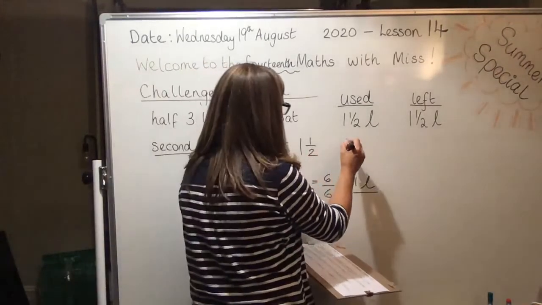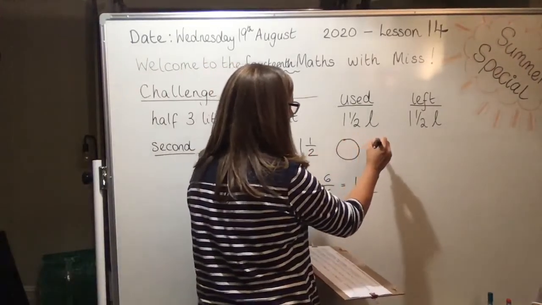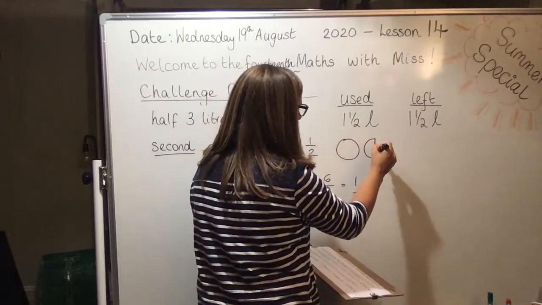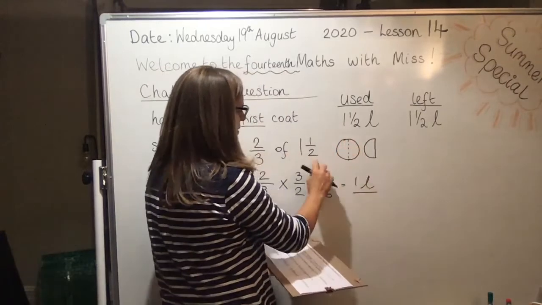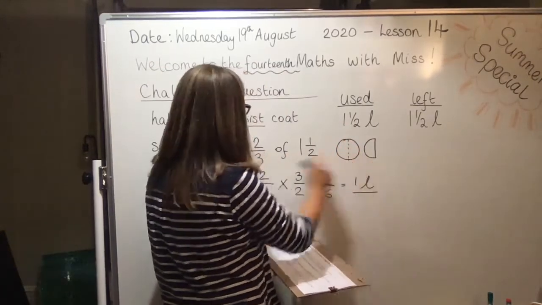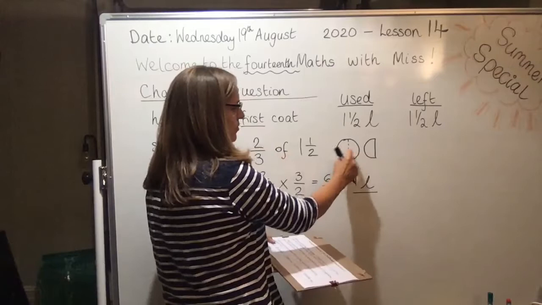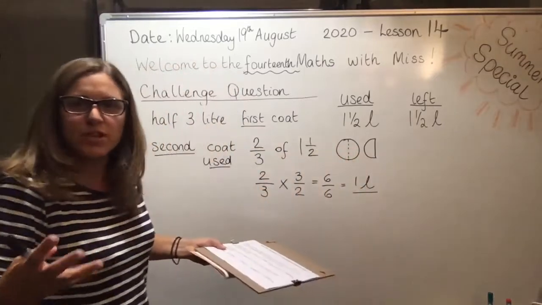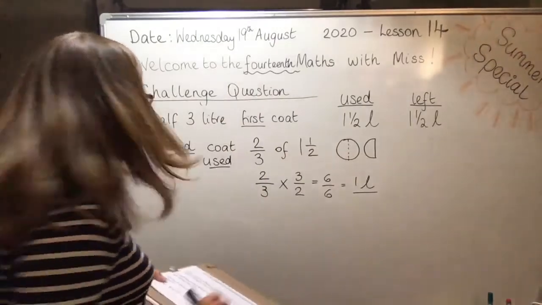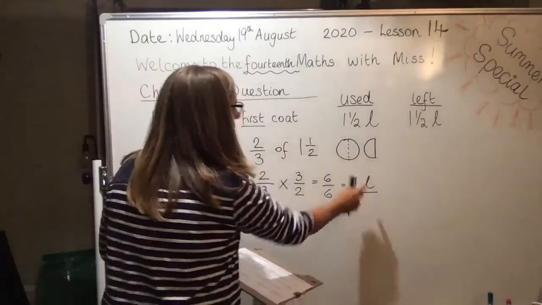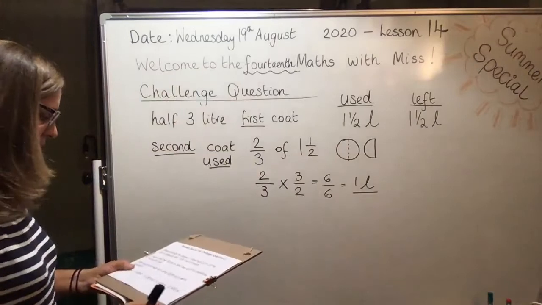If I had a whole pizza and half a pizza, there's my 1.5. 2/3 of that would just be 1 whole. So you might just visually be able to see that 2/3 of 1.5 is 1. And that's how much we used for our second coat.